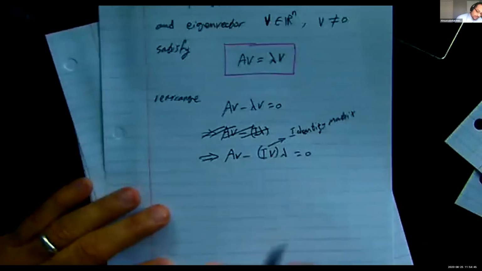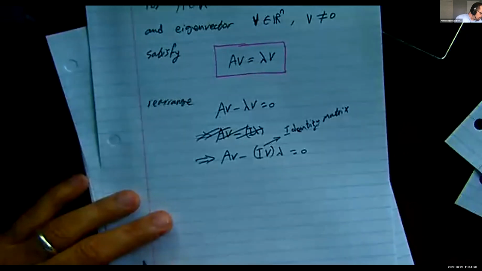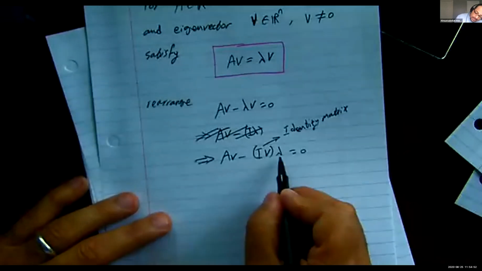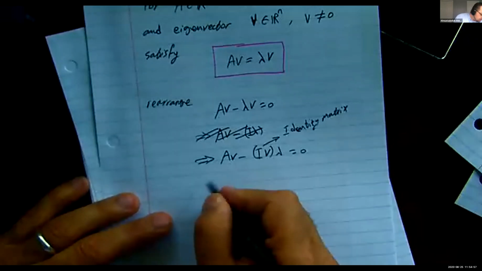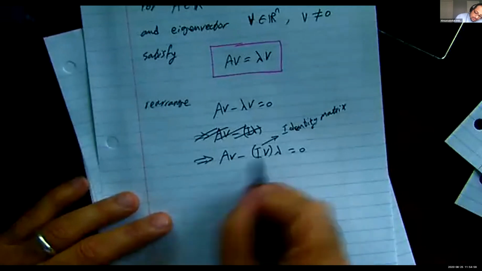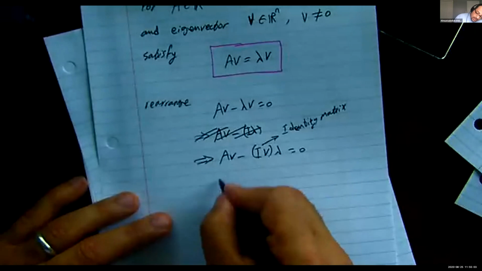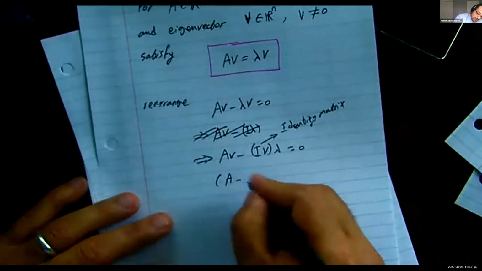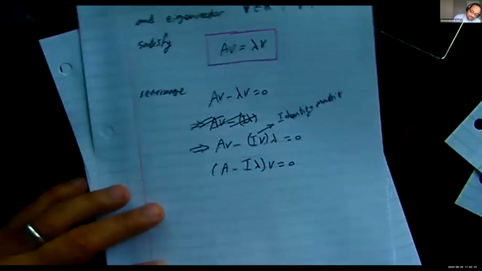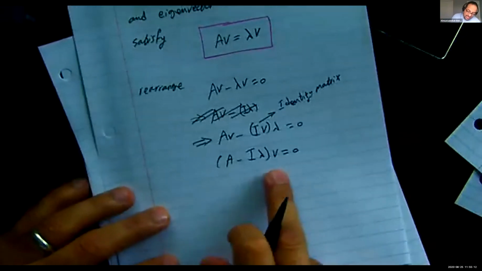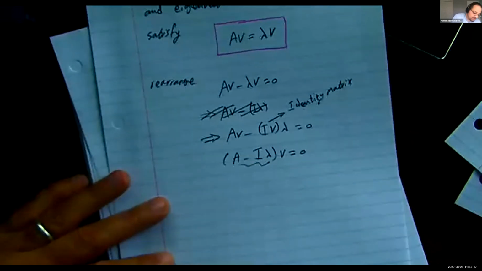Okay, so now I can take V as a common factor here. Again, because this is a scalar, I can move it anywhere I want in this term. So I have A minus I lambda times V is equal to 0. Now you can see that V is in the null space of this matrix here.